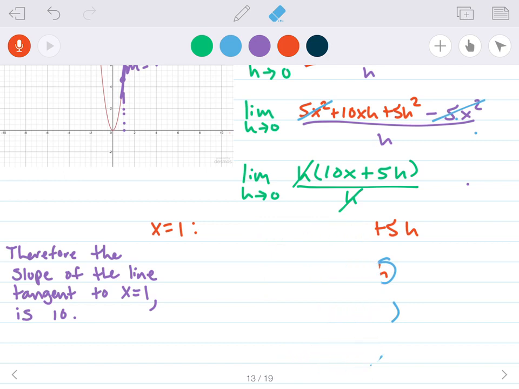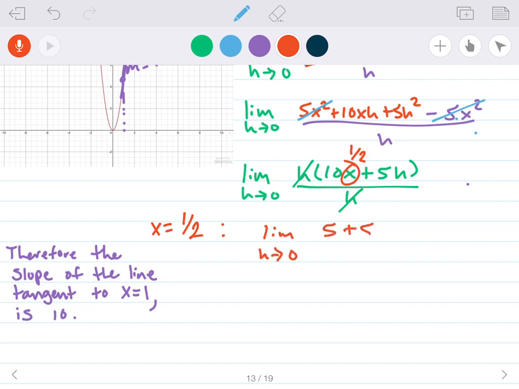I'm going to erase this, and we're going to say, instead of x equals 1, let's try it at 1/2. Okay, so now I'm just plugging in 1/2 for x to give me 10 times 1/2, which is 5. So we have the limit as h goes to 0 of 5 plus 5h, plug in 0 for h, and we end up getting 5.